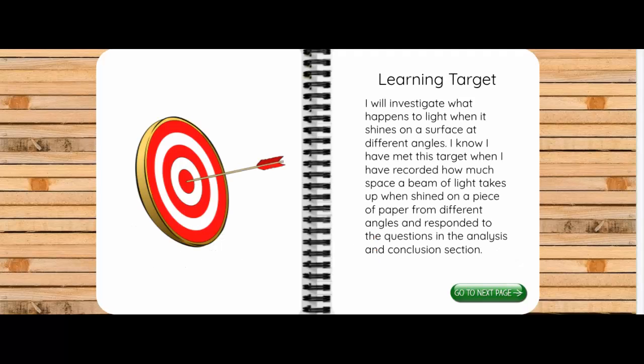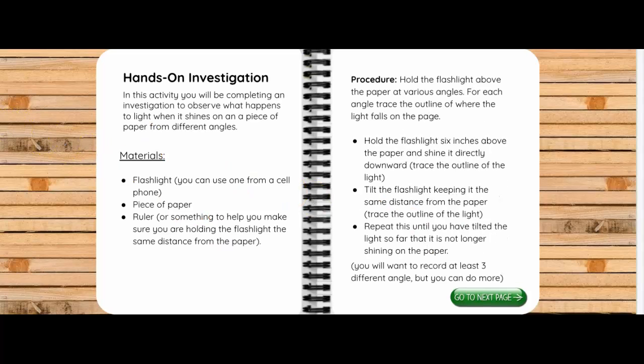So your learning target: I will investigate what happens to light when it shines on a surface at different angles. I know I have met this target when I have recorded how much space a beam of light takes up when shined on a piece of paper from different angles, and responded to the questions in the analysis and conclusions section. All right, so let's take a closer look at what you will be doing.